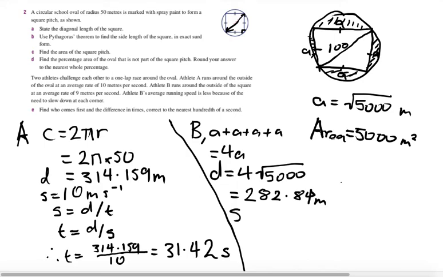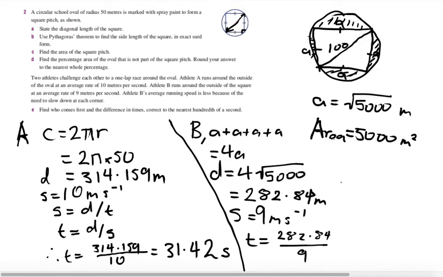Their speed equals 9 meters per second. So therefore, the same formula, if speed is distance divided by time, time is distance divided by speed, just by algebraically rearranging, is going to be equal to 282.84 divided by 9. When I put this in my calculator, this 84 is actually 0.8427125.